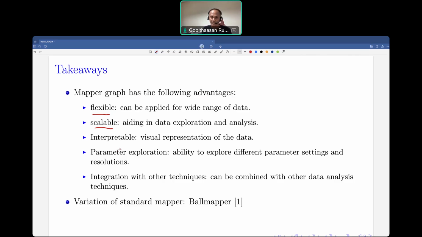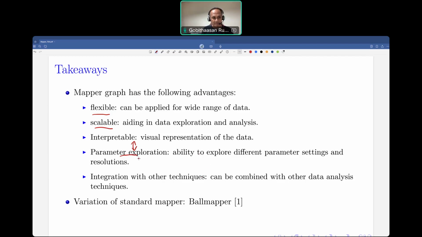Interpretable, visually you get to see, and then you get to map, right? You get to map which structure encodes what feature in the data. And then parameter exploration, where of course when interpretable, you get to understand the data very well, and then you get to make a more proper selection of the features, right?